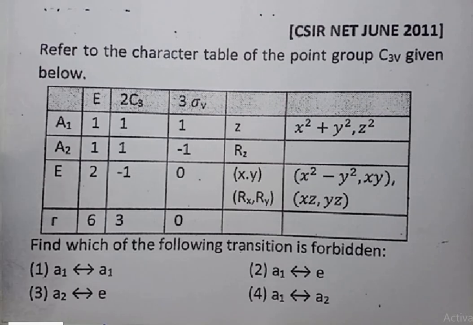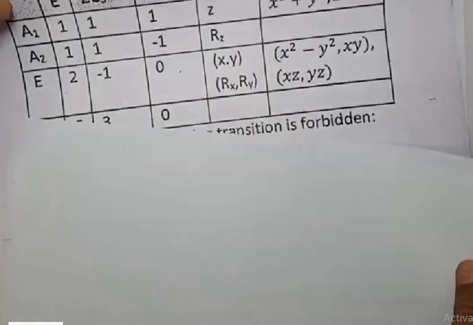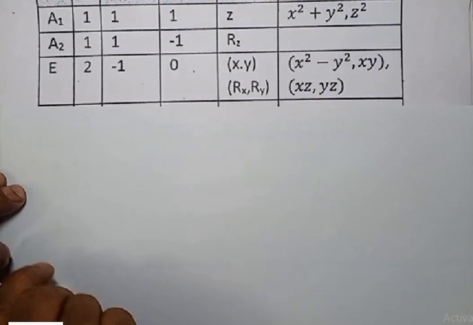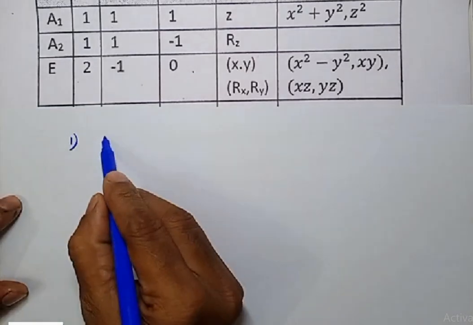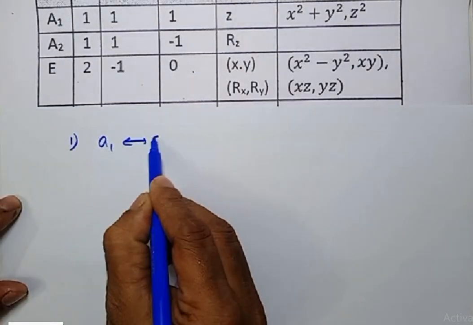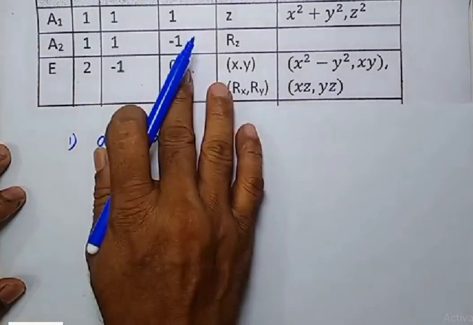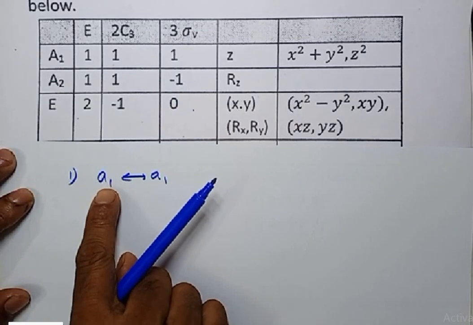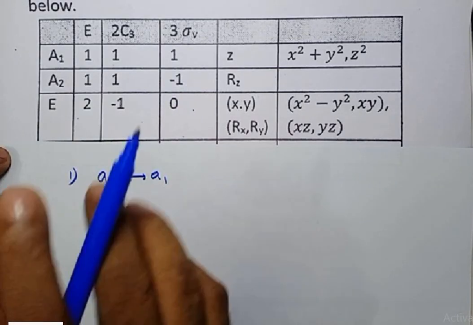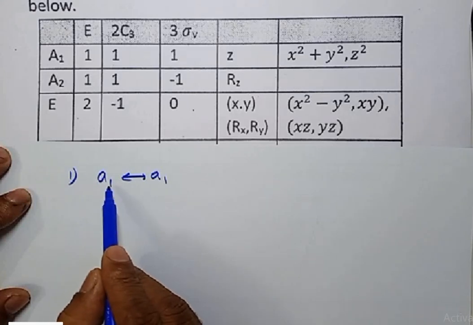How to check it? First I'll take option 1, A1 to A1. Whether A1 to A1 is allowed or forbidden, how to check? So let me take option 1, that is the A1 to A1 transition. Listen, while writing Mulliken symbols for molecules or in a transition, we write a small symbol, small a1.